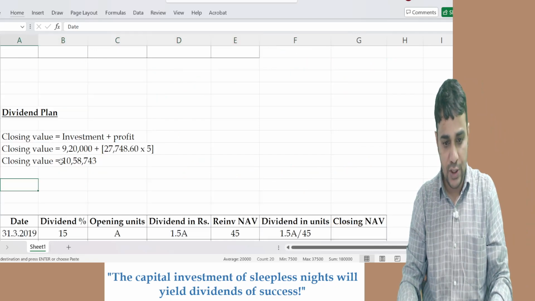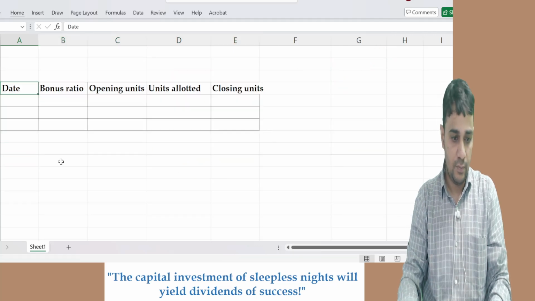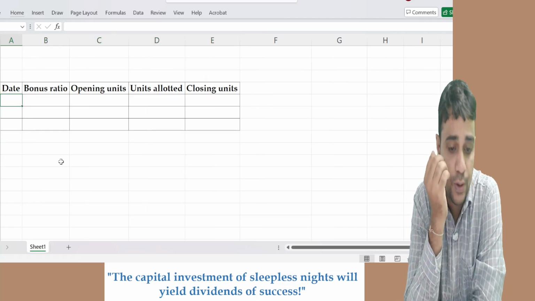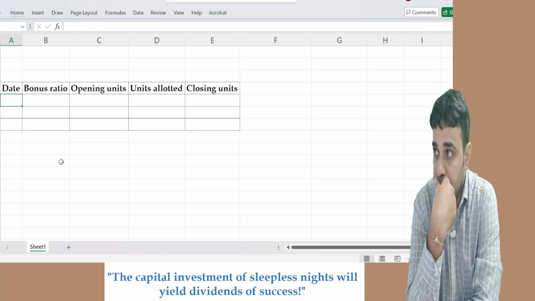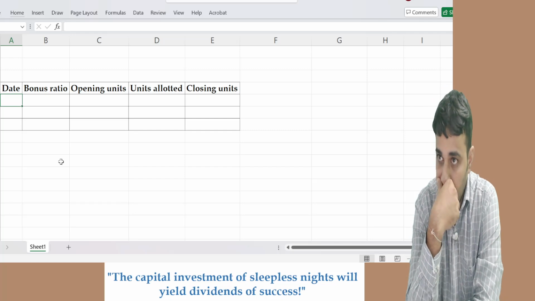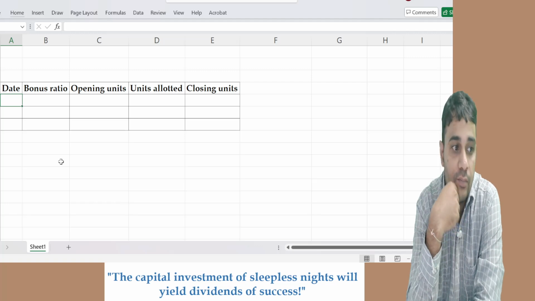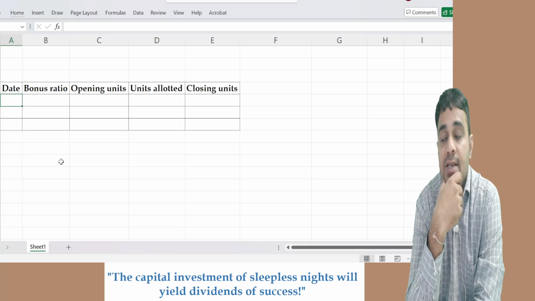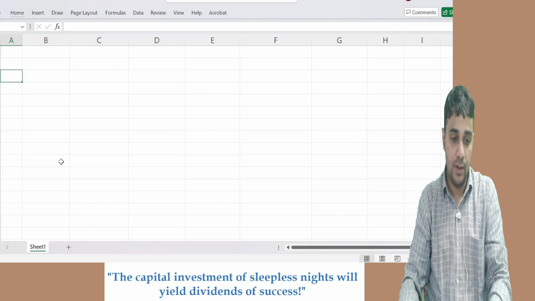Date, bonus ratio, opening units, units allotted, and closing units. Last date, okay, before that, sorry, before this I have to get the closing units.